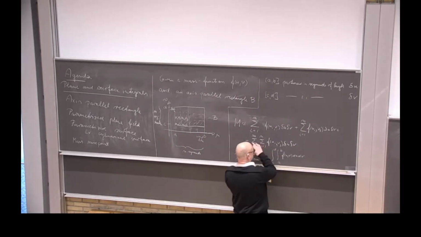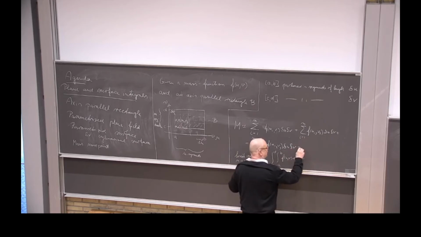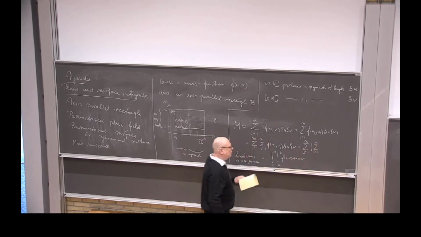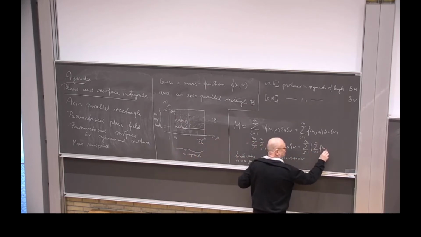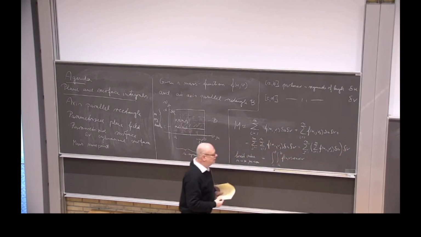You see, if you take the sum here, then you could write this as the sum over j equal to 1 to m, and then you have a parenthesis where you have the sum from i equal to 1 to n of, and then I can put this delta v outside.